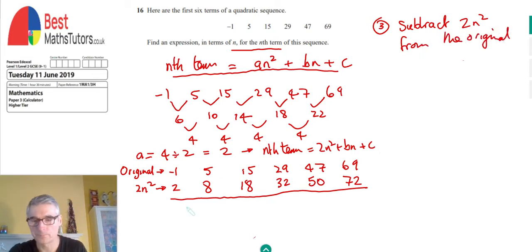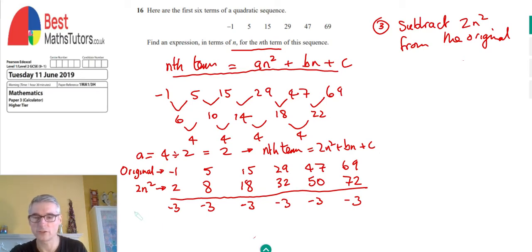So if we do that, we've got to be careful with minus signs here. We've got -1 take away 2 gives us -3. And then we've got 5 take away the 8 gives us -3 again. And if we continue, we can see actually every term is -3 there in this next row.